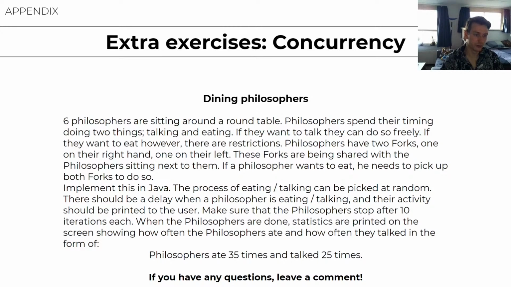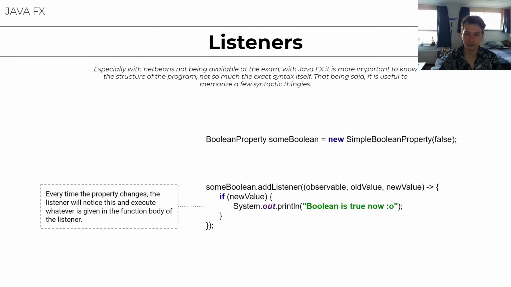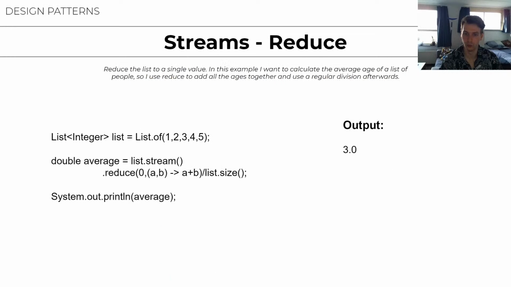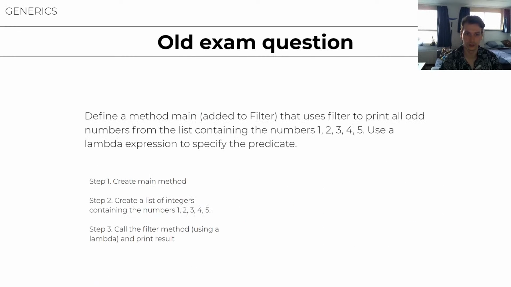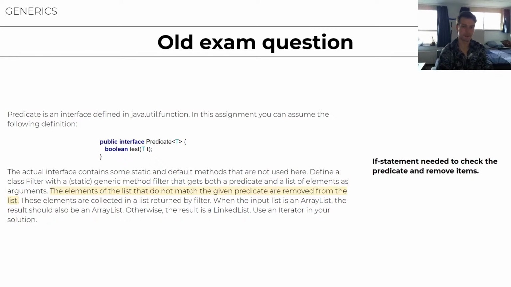What would you recommend to put on the cheat sheet? For that, I'm going to go back to this part with the old exam question. So with exam questions, it basically consists of two parts.